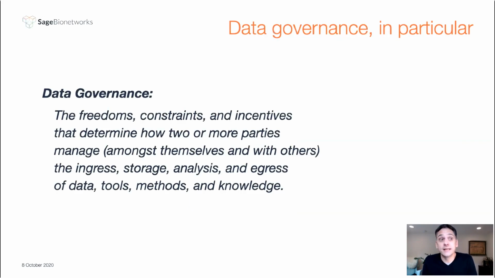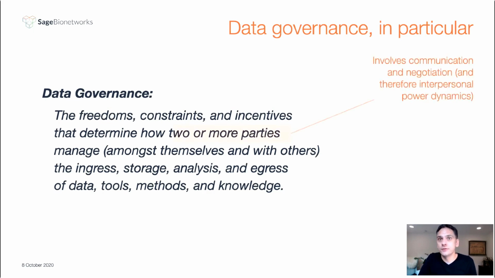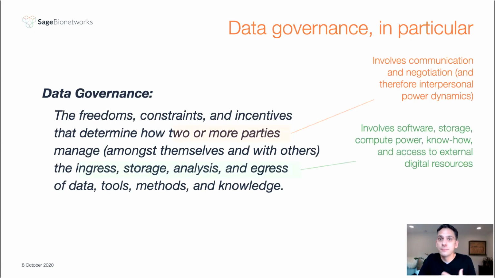This comes down to data governance, which is the freedoms, constraints, and incentives that determine how parties can manage themselves to work on ingress, storage, and analysis of data, tools, methods, and knowledge. It involves communication, negotiation, and terms between groups, but also software and technologies. And there are several different possibilities for this.